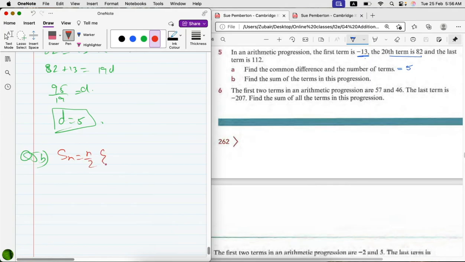Yeah, n by 2, a plus l, if we go for this, that will be shorter in this case. So for the sum of terms, there are already 20 terms. The 20 by 2, first term is negative 13 and the last term is 112. 112 minus 13 is 99 times 10, 990.